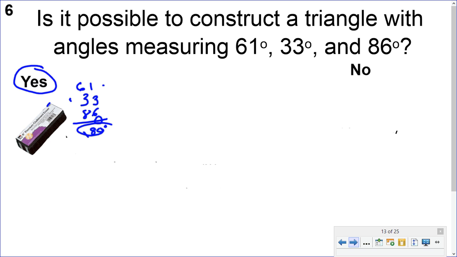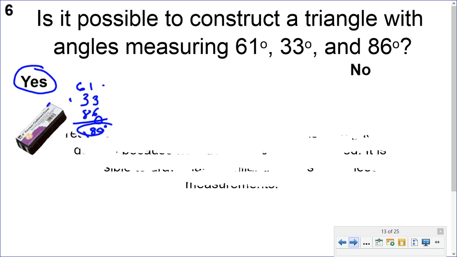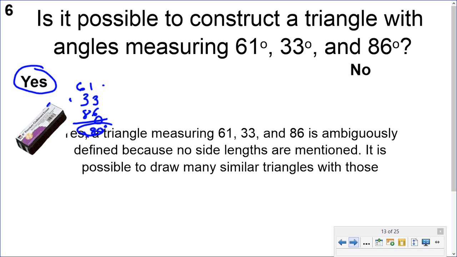I'd be able to make a few of them because there are no lengths given. They're just angles given. So as long as I have 180 degrees in my triangle, I will be able to make different triangles.